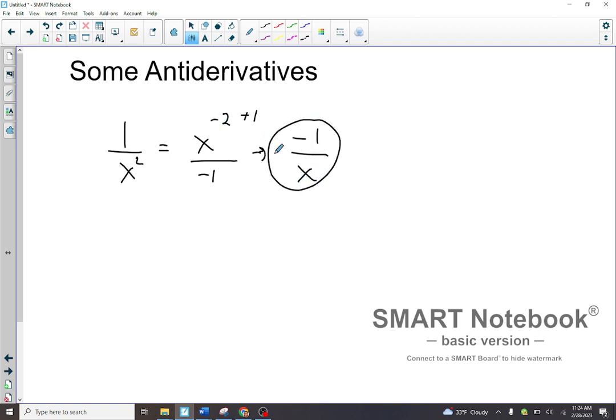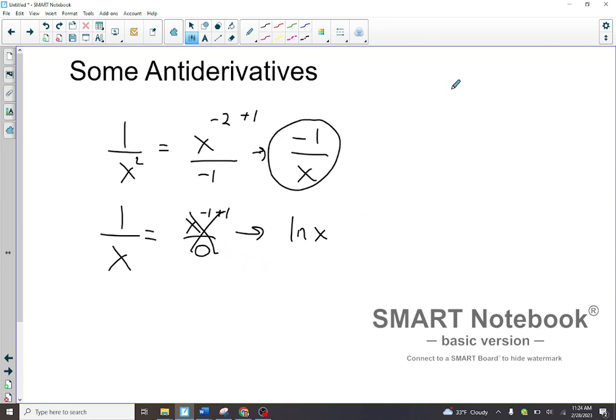But if you had 1 over x, you'll realize something's weird because it'll be x to the negative 1, plus 1 causes 0, which you divide by 0. That's impossible. But then you have to ask yourself, what derives to give you 1 over x? And that answer is actually ln x. So if you see 1 over x, you would get ln x.